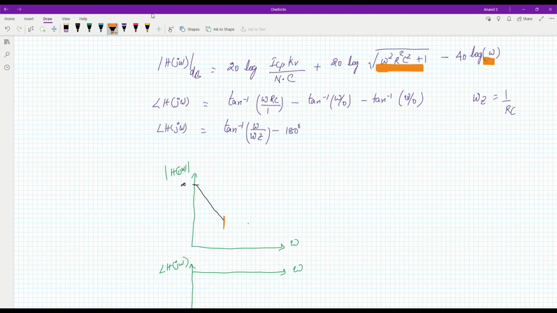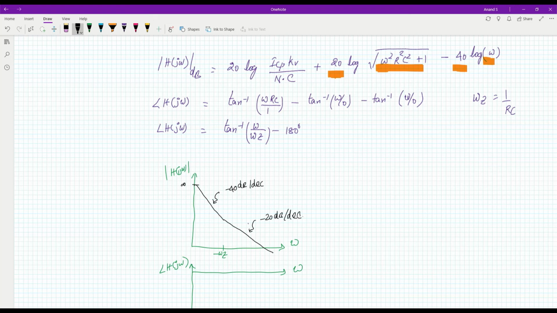After that, the gain is a function of this plus this. This has a plus 20 dB roll off and this has a minus 40 dB roll off, so effectively it will roll off at a much slower rate of minus 20 dB per decade. So here we have minus 40 dB per decade roll off and here we have minus 20 dB per decade.